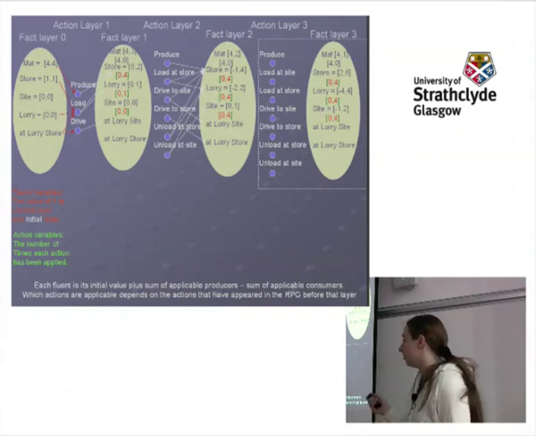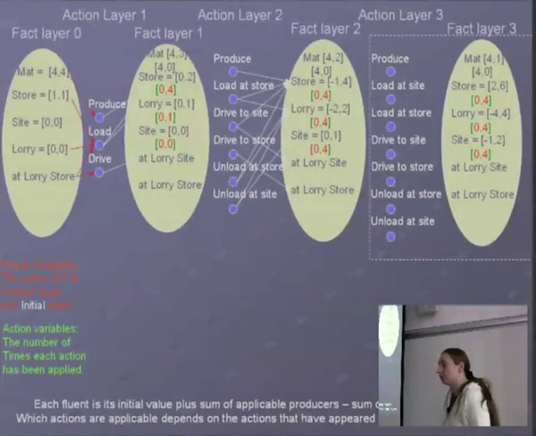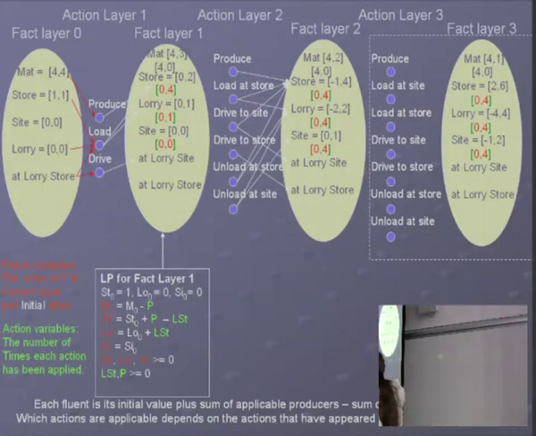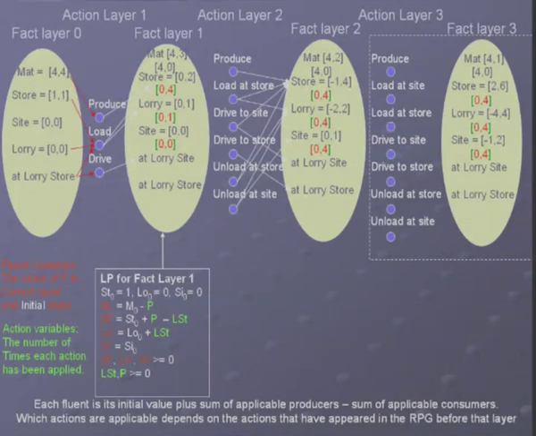So let's just have a look then at what an LP looks like when we build it intuitively. So the LP for fact layer 1. The material, that should actually be material prime, is the material at 0 minus the number of produce actions we've applied. Okay, that's fairly intuitive.